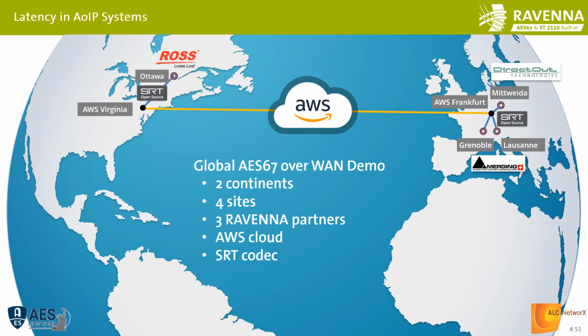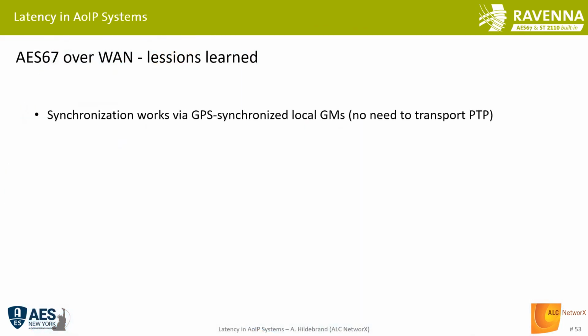And now, how's the synchronization done? We didn't transport PTP, it would be of no use at all, but we used the almighty reference buffers. So all of these sites had their local GPS reference grandmasters. And with that, we had a perfect time synchronization. The timestamps still are in the AES67 packets.